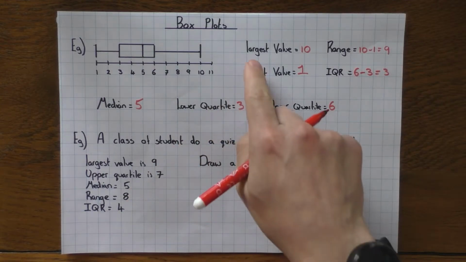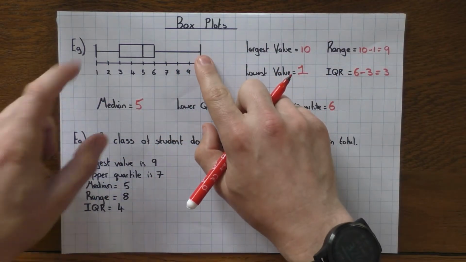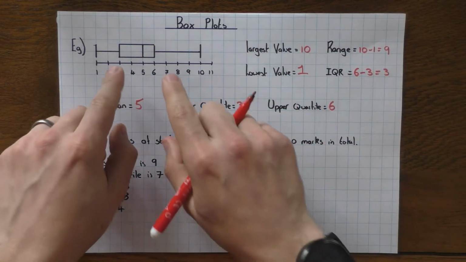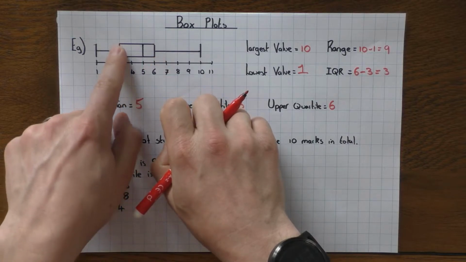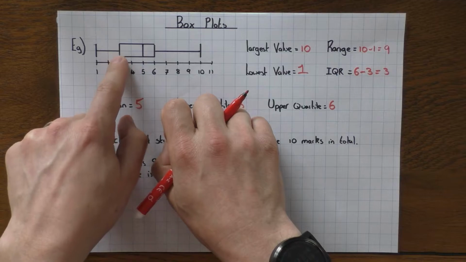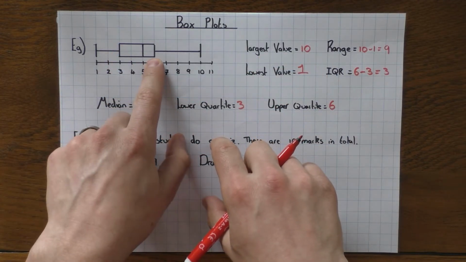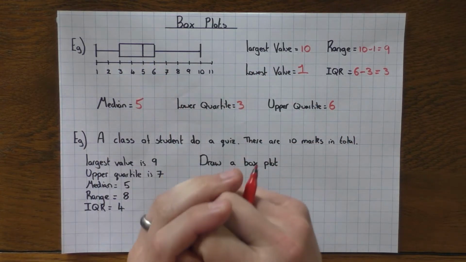So what does all that mean? Well, the largest and the lowest value is pretty obvious: in the set of data that you have, it is the largest and the lowest value. The median, if you put them all in order, is the middle value. What you might not know is the lower quartile and upper quartile. The lower quartile is the quarter, or 25% point in the set of data, and the upper quartile is 3/4, or 75% of the data.